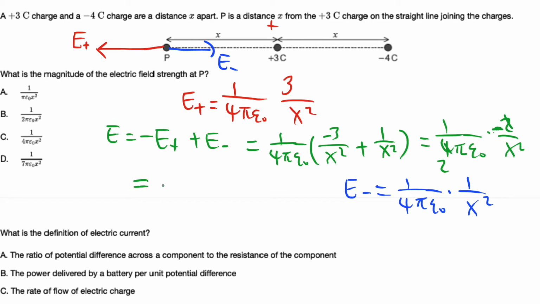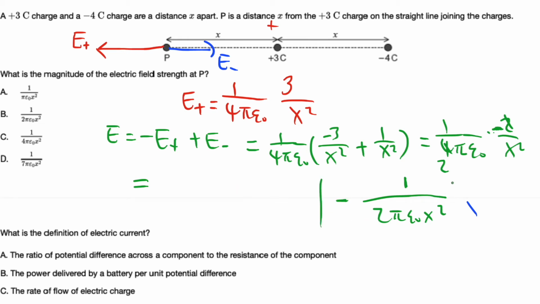So this is gonna be equal to 1 over 2 pi epsilon x squared, and here is a negative sign in front. Because you're calculating the magnitude, you will just take the absolute value here, so you don't need the negative sign here. So this will be B. The answer is B.